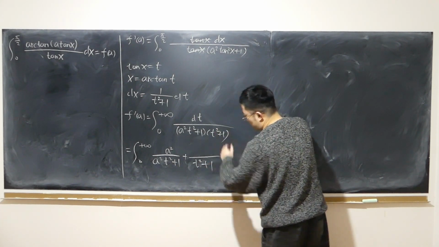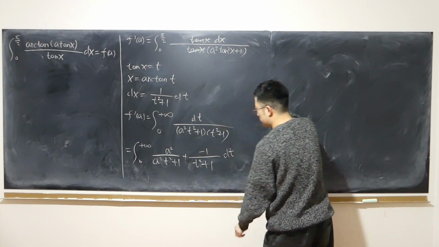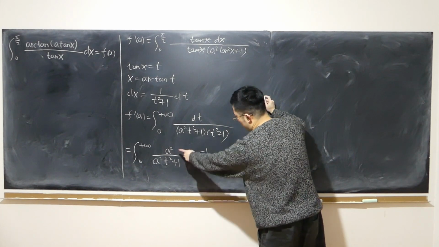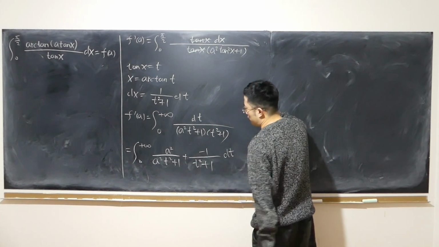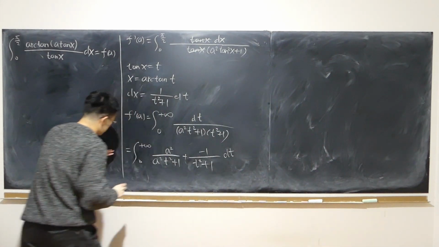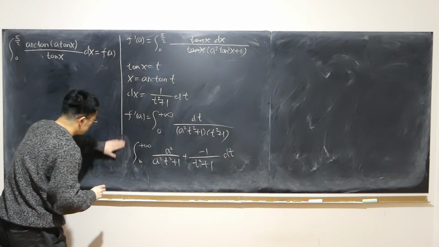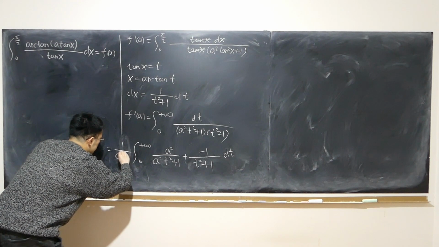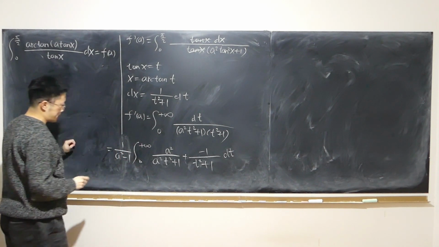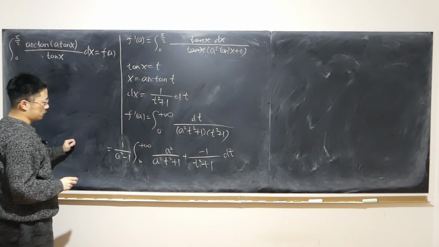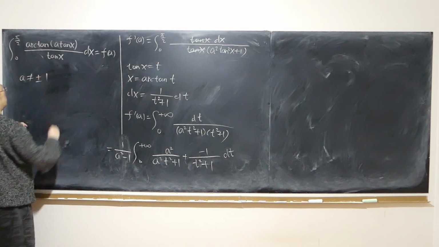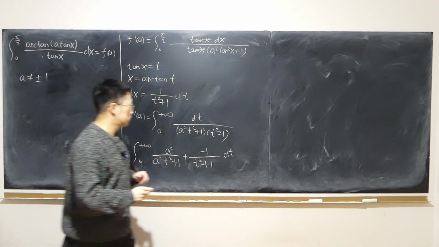Maybe I just use minus 1. So minus 1 and a squared t squared, they just cancel out. Still have a squared minus 1. Just multiply by its reciprocal. That is 1 over a squared minus 1.